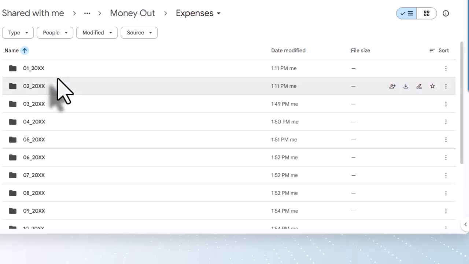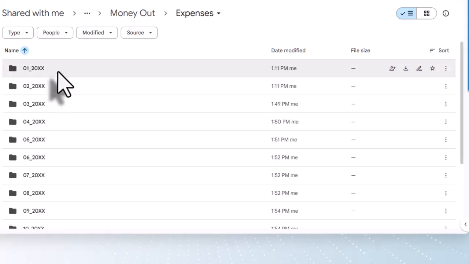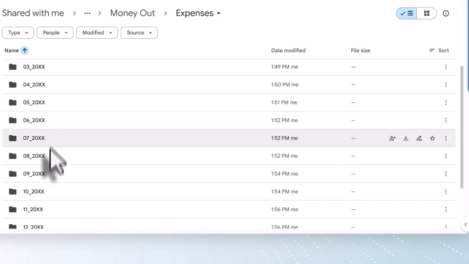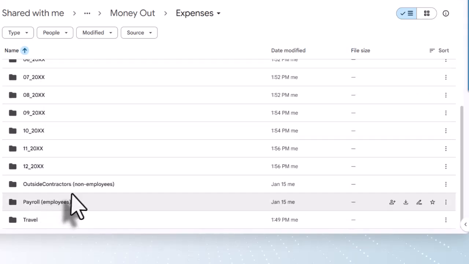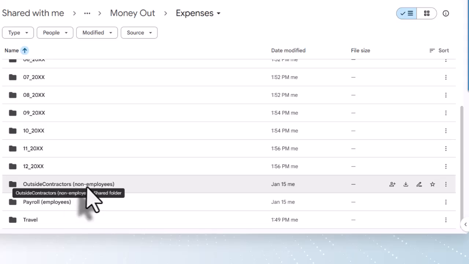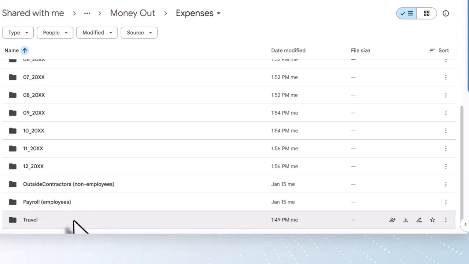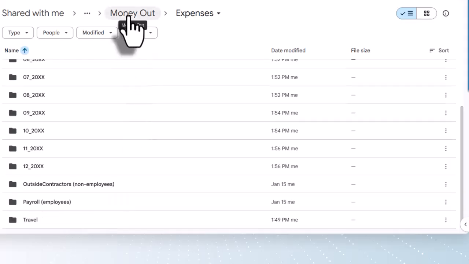And when you are building the file structure, think about those transactions from a monthly basis. So here's an example of January 1st, 2026, for example, and then you would go ahead and do a folder for each month. Also create some folders for your larger expense transactions like outside contractors, payroll, or travel, for some examples.